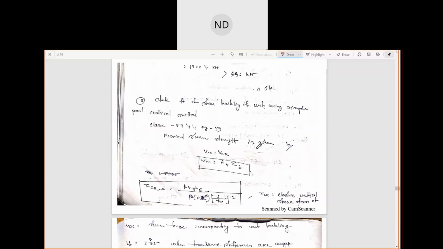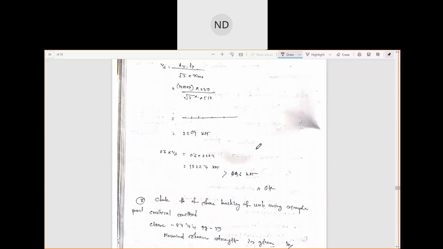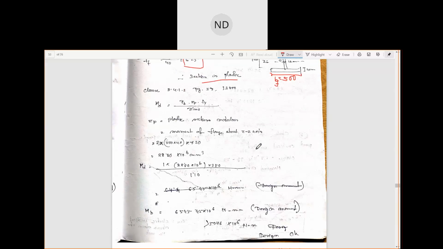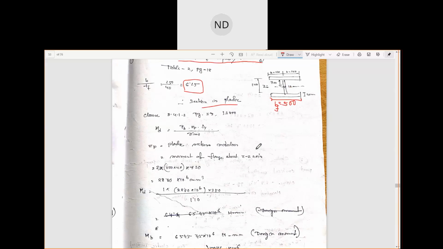A little bit is there. I'll share the PDF also. Okay, for now, manage. Maybe your network problem is there.